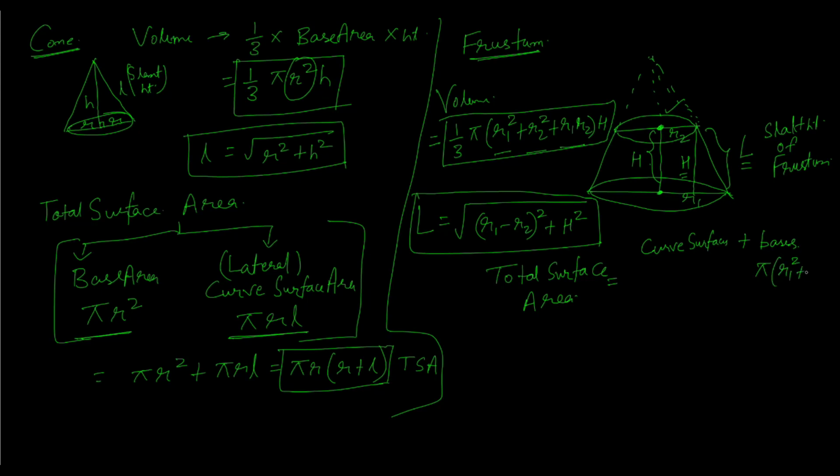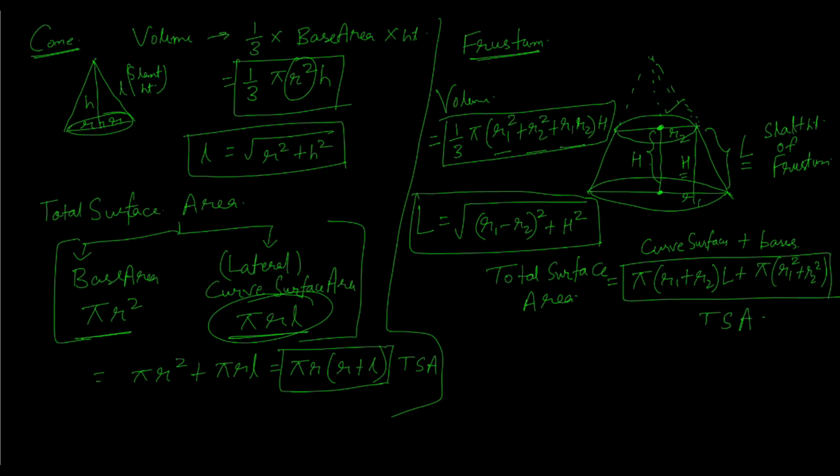So pi into R1 square plus R2 square. The curved surface area, for original cone, is pi R L. For frustum, it will be pi into R1 plus R2 into capital L. And this is the total surface area. Fine. You just need to memorize this. Right. So we have done cone.